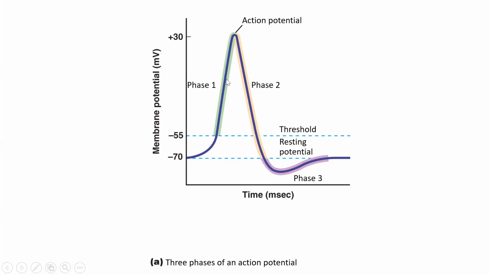So this rapid spike in the membrane potential is what we call an action potential. And the reason that cells do this is to be able to pass messages from one cell to the other. So in a very simplistic way, an action potential is the language that excitable cells use to communicate between themselves.